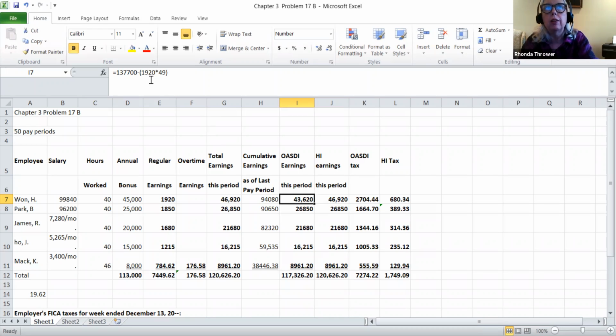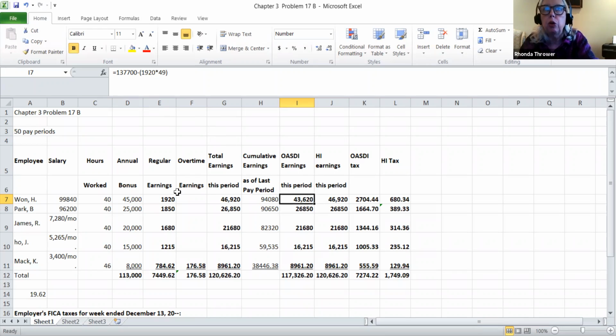If you subtract $94,080 from $137,700, it will give you the remaining amount that is taxable.